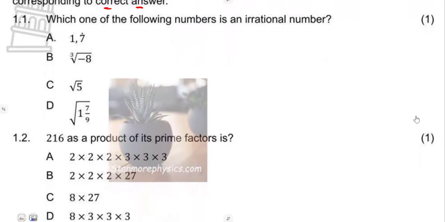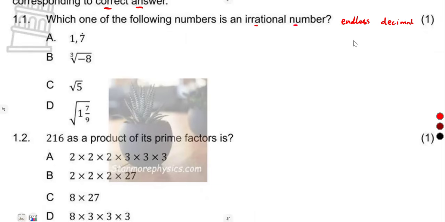1.1. Which of the following numbers is an irrational number? Which one is an irrational number? Remember, irrational numbers, we are referring to those numbers that are endless decimals, all right?